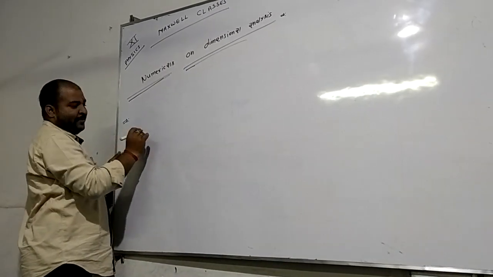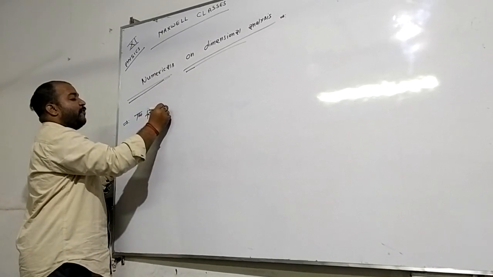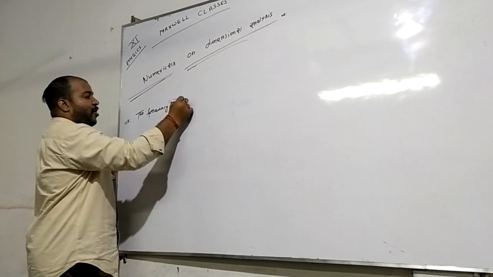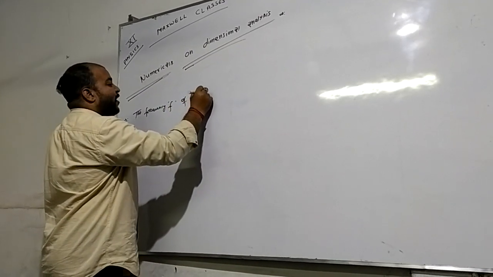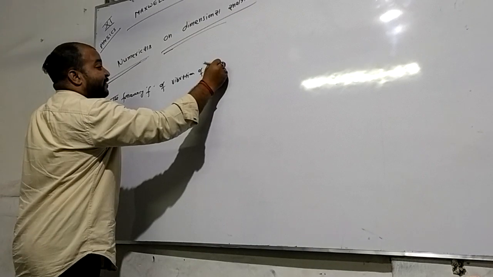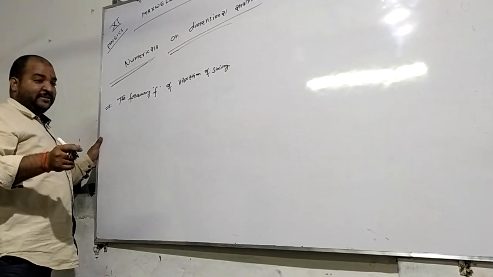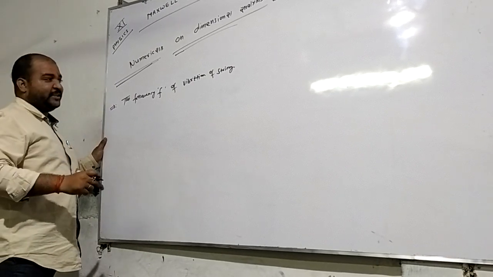Suppose it is given that the frequency f of vibration of a string, as we know from class 9th, sound and waves, when a string is disturbed, a wave is produced in it.